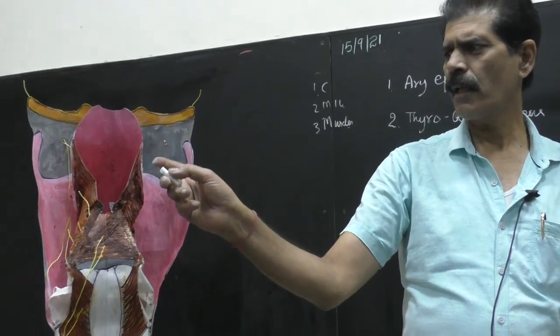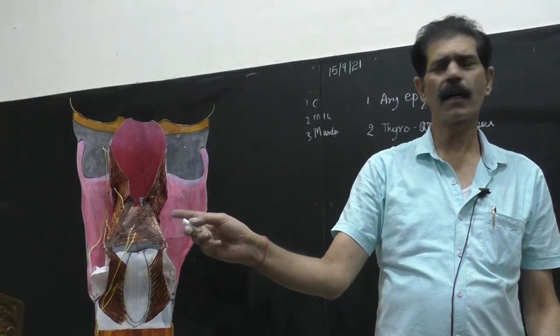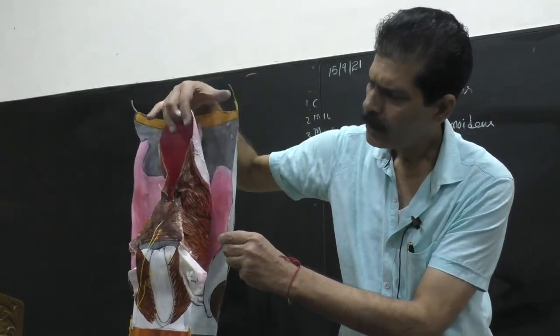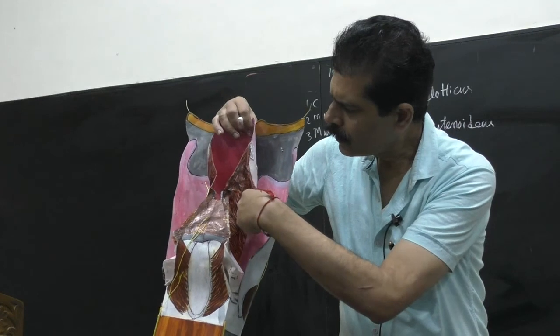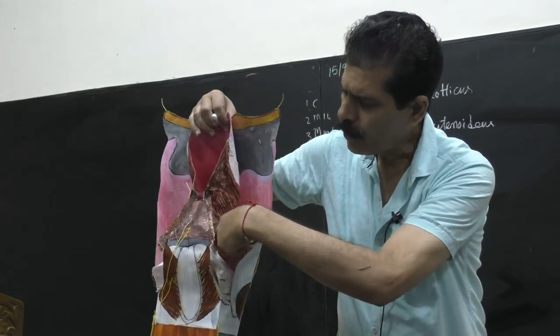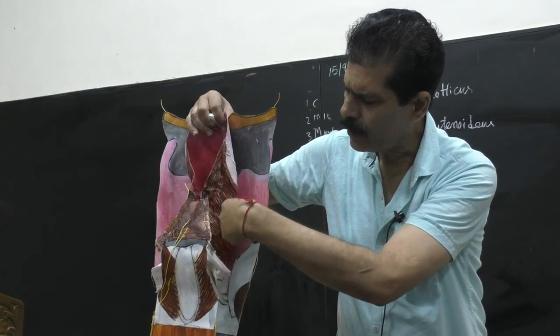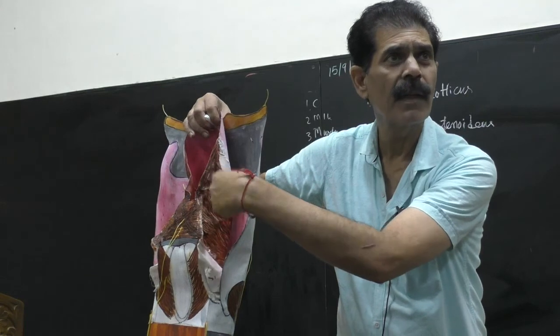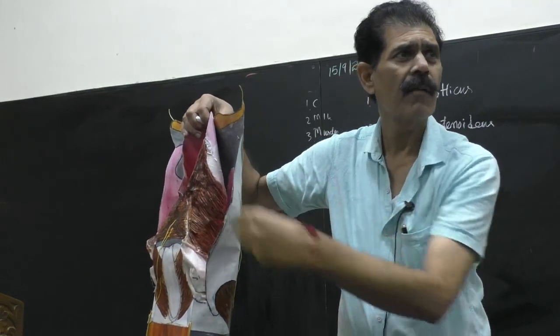So this is the inner surface of the lamina of the thyroid cartilage. So just below the epiglottic muscle, from the inner surface of the lamina of the thyroid cartilage, another muscle fibers are also going to the quadrangular membrane, inside the quadrangular membrane.